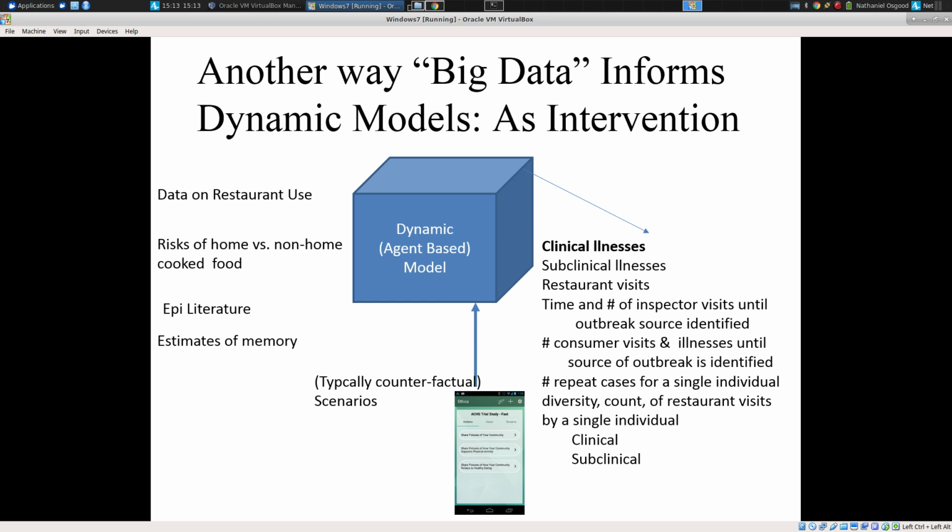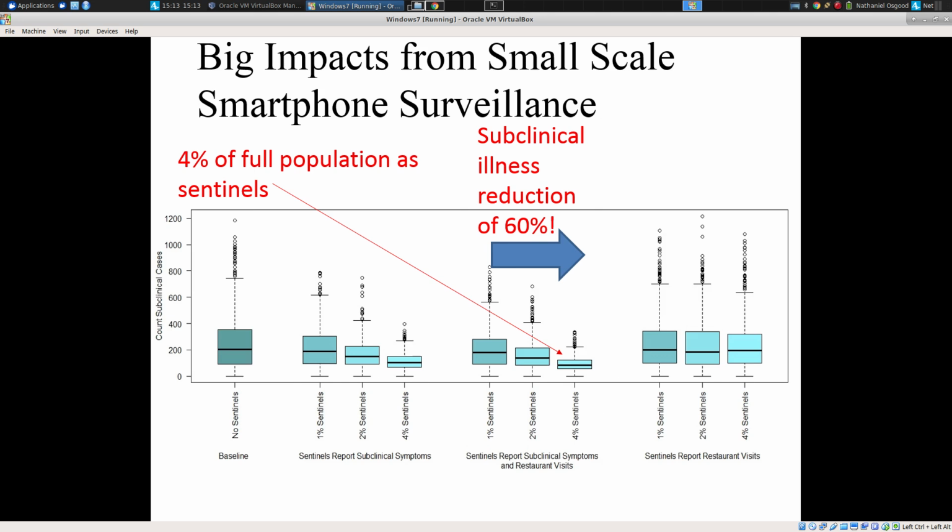For this study, we actually examined to what degree, if we were to simulate a situation where we had a small sentinel group of individuals, say 4% of the population, carrying a system like this, reporting over time, allowing it to report where they went and where they ate and reporting illness, even if it didn't bring them in for clinical presentation.